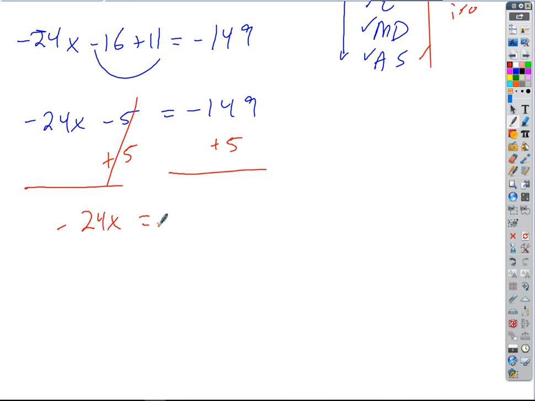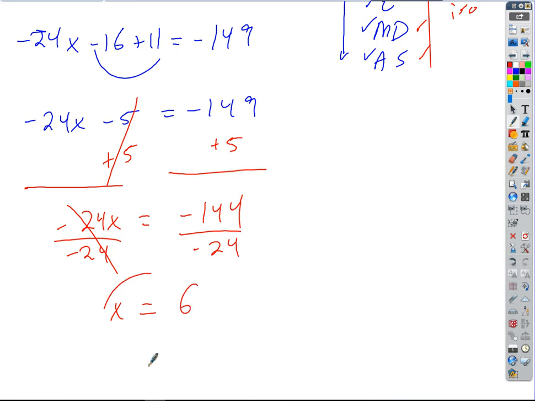Negative 149 plus 5 would be negative 144. Last step? Good, good. Multiply, divide, so we'll divide both sides by negative 24. Negative over negative is positive. That works out to be 6.